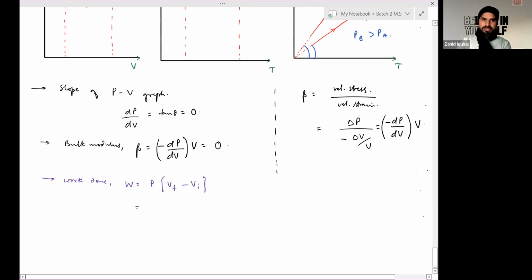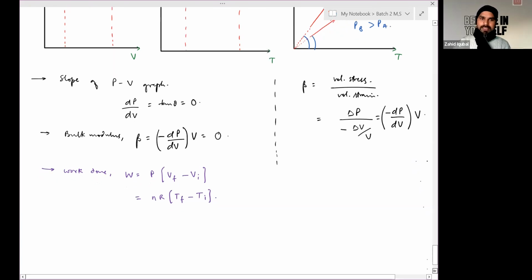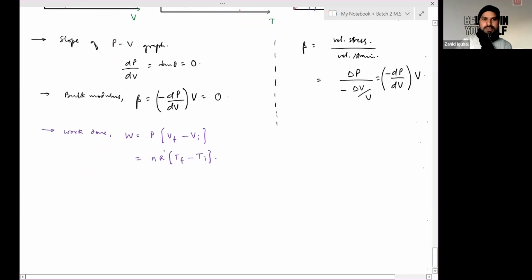You may convert this expression using PV equals nRT. So it will be nR times the final temperature minus the initial temperature. So using the above or below expression, you may get the value of work done related to the expression given in the question. Next, since this process is an isobaric process, we have to calculate heat supplied or ejected.